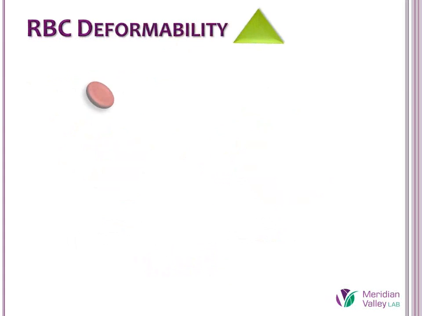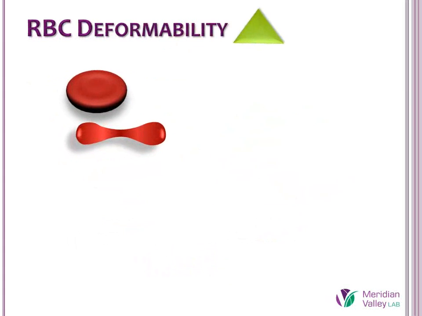Red blood cell deformability. This is the second most important determinant of blood viscosity. Red blood cell deformability refers to the ability of the red blood cell to elongate for better hemodynamic flow, or to bend and fold for passage through capillary beds.